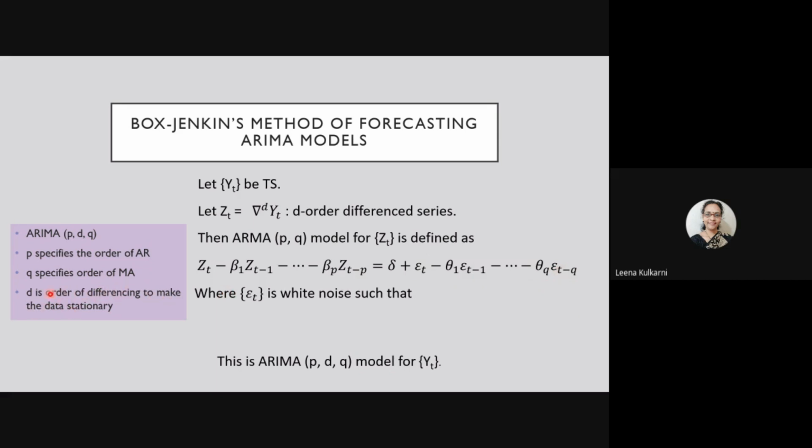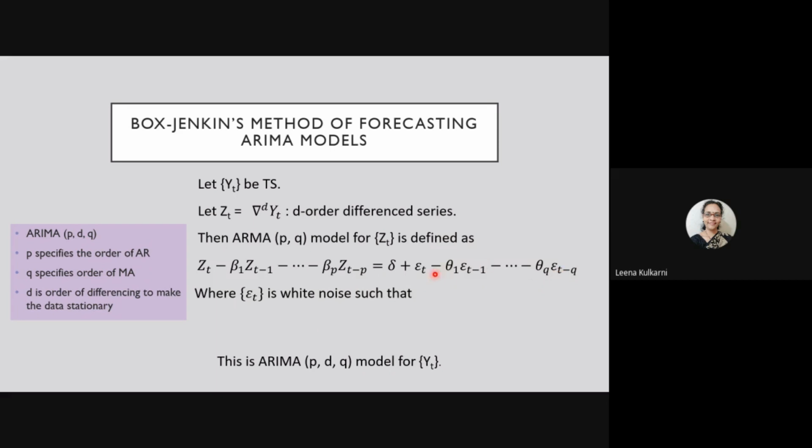So d is the order of non-seasonal differencing, and epsilon t is white noise. These error terms are called white noise, where they satisfy certain conditions: the mean is 0, the variance is the same constant, and the covariance between these terms is 0.